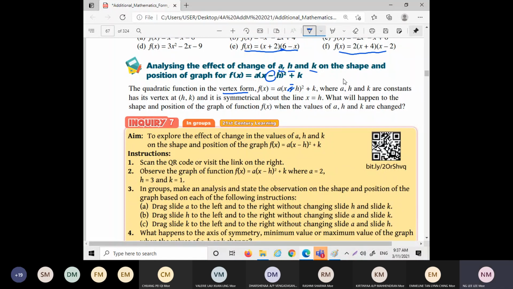Therefore, this one is confirmed negative because when x minus h is equal to 0, x equals h. This is positive, this is positive, so this one changed to negative. And it is symmetric about the line x equals h. What will happen to the shape and the position of the graph of function f(x) when the values a, h, and k are changed? So I will go through this website with you.